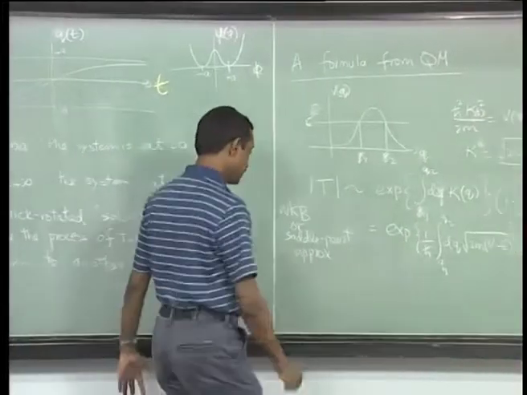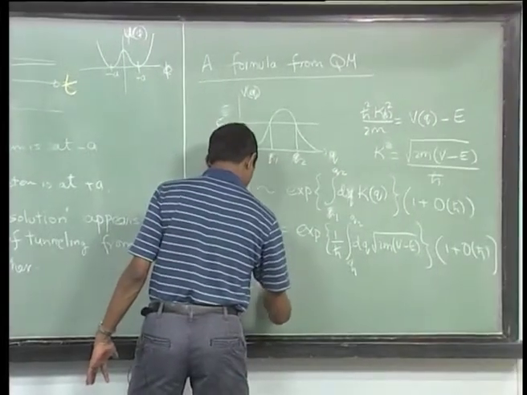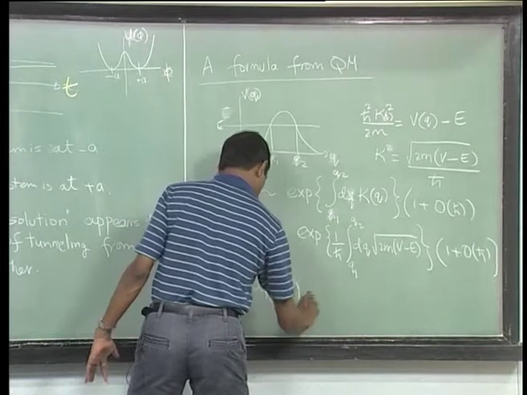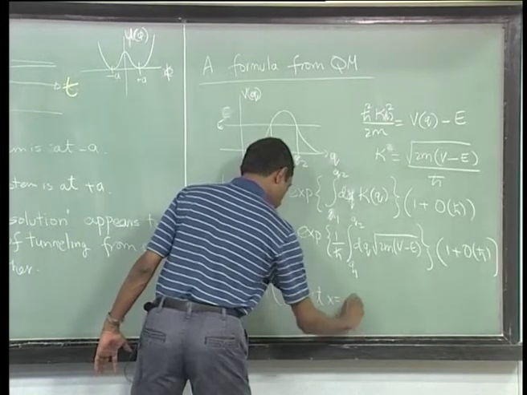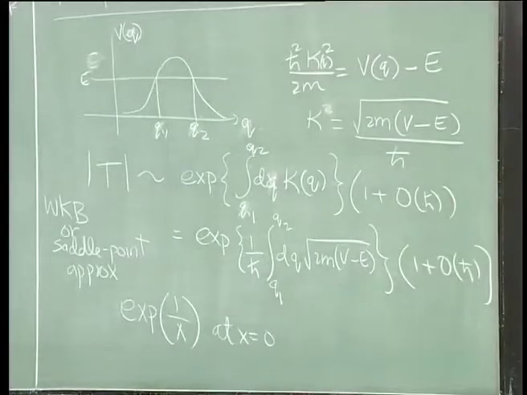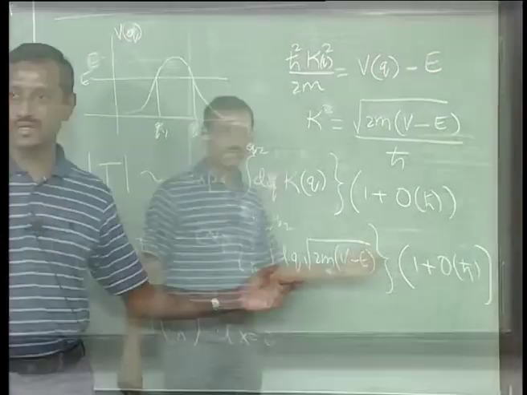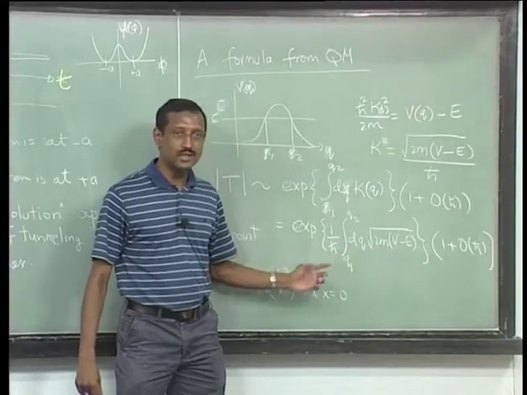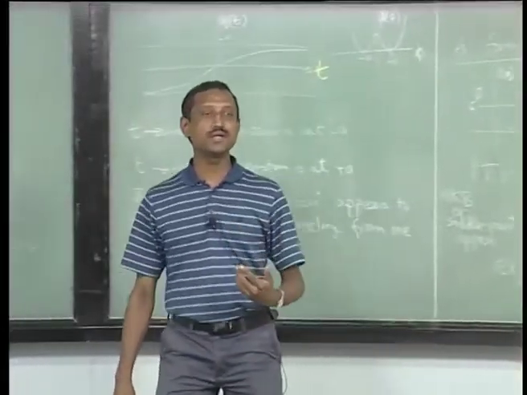Hopefully all of you know that the function exponential of 1 by x at x equal to 0 is lousy. There is no Taylor series expansion because it blows up at that point. That is exactly what is going on here, so there is no perturbative way of computing this.